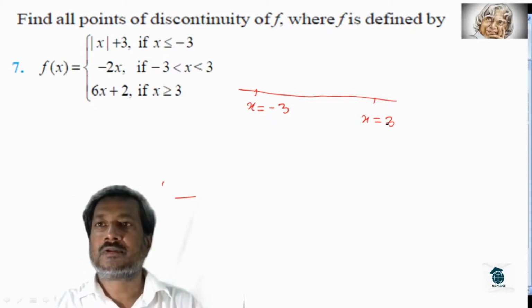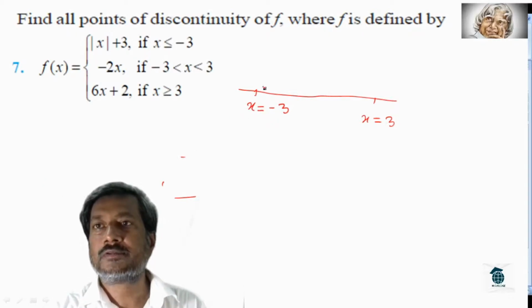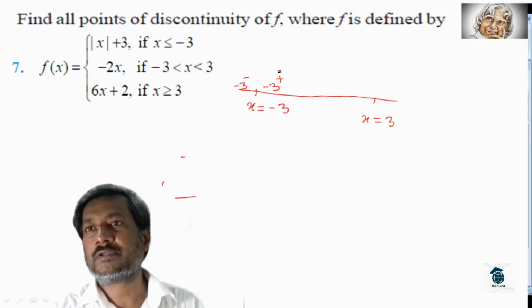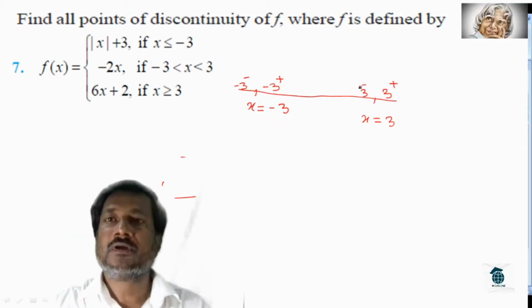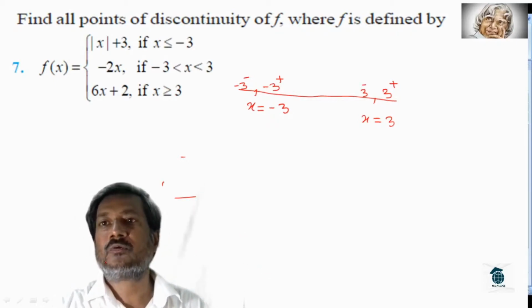Observe here, this side is minus 3 plus, and this area is minus 3 minus, less than minus 3 and greater than minus 3. Here it is greater than 3, that is 3 plus, and here less than 3, that is 3 minus. So first we have to consider the point x equal to minus 3.